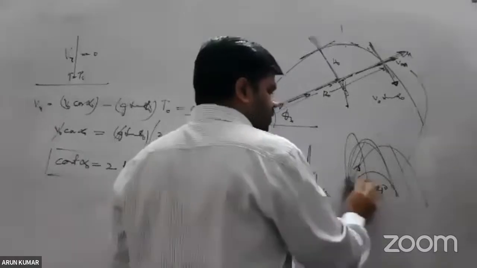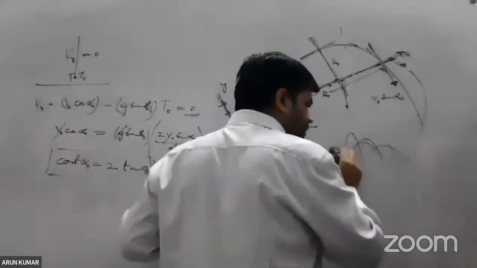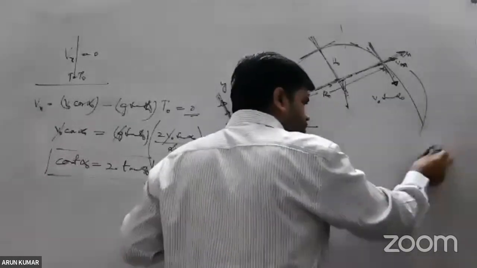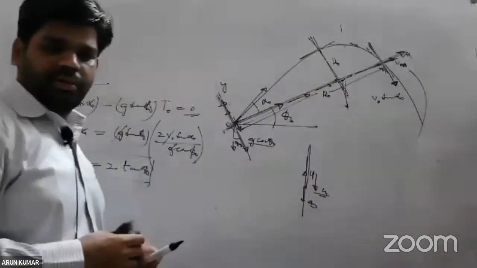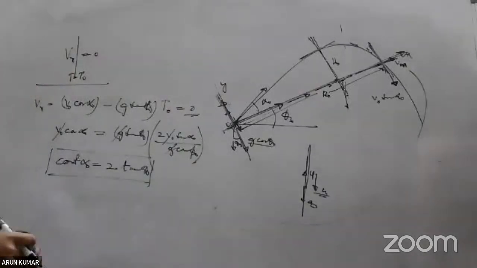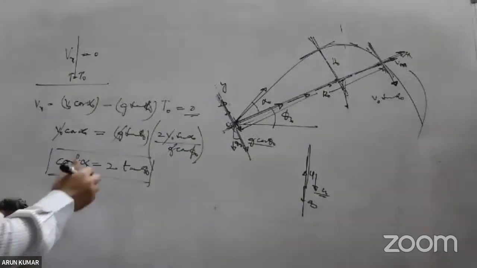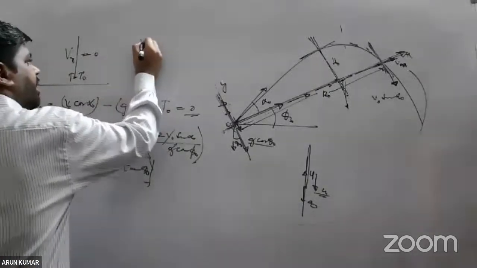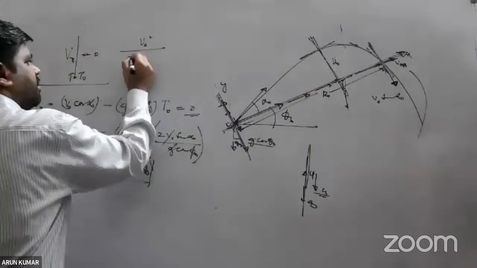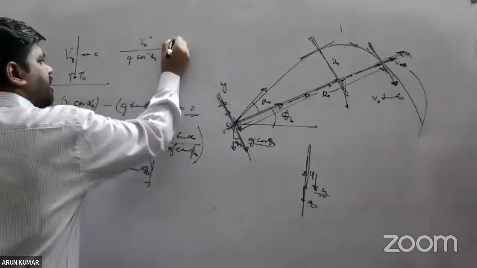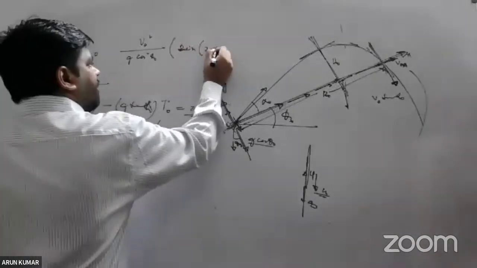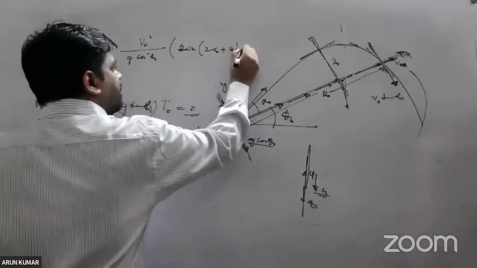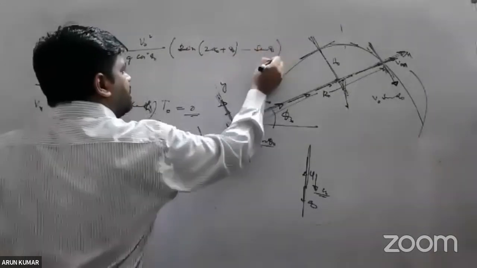So theta equal to 45 gives you the maximum angle at which the particle should be projected to get maximum range. Over here, for the range to be maximum, I had range as v naught square by g cos square theta naught into sine of 2 alpha naught plus theta naught minus sine theta naught.